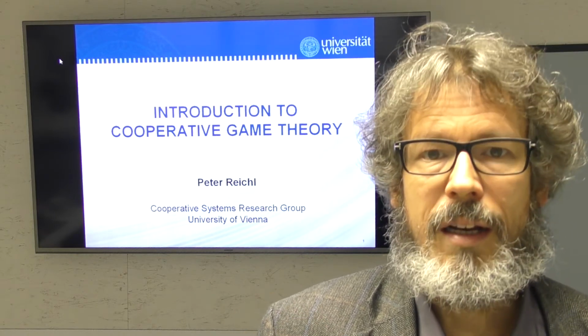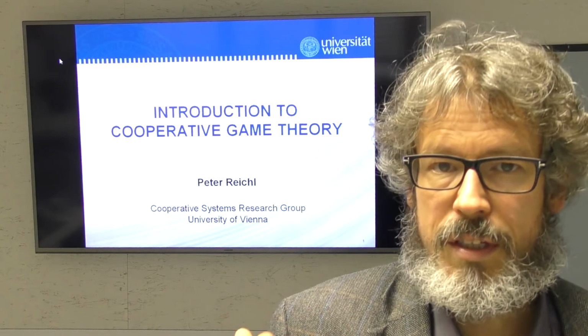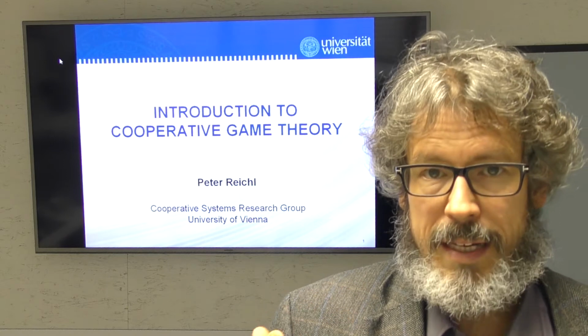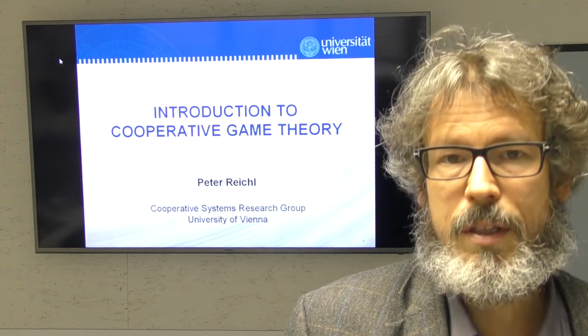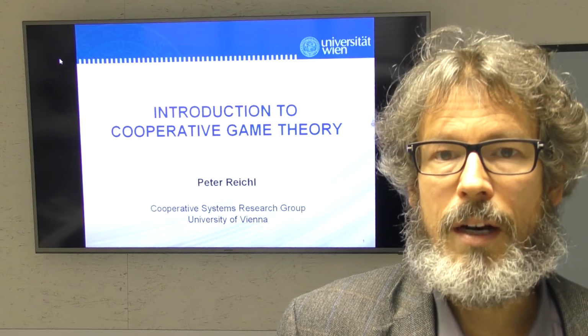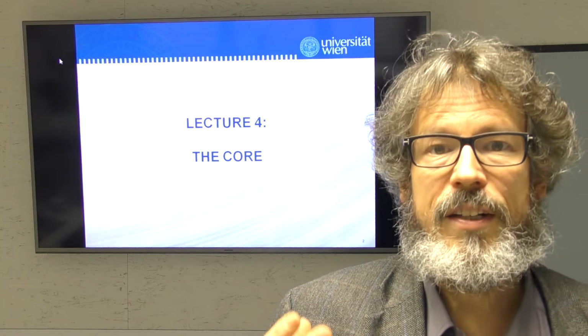And we were looking in our last lecture at some aspects fundamental to this coalition building. Based on these concepts, we will now look into a first solution concept for cooperative games with coalitions, the so-called core. And the idea is very simple.